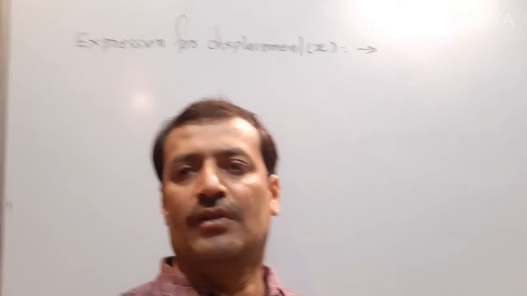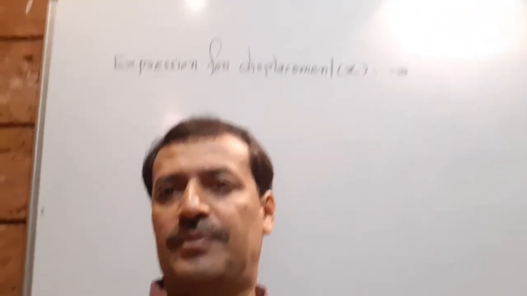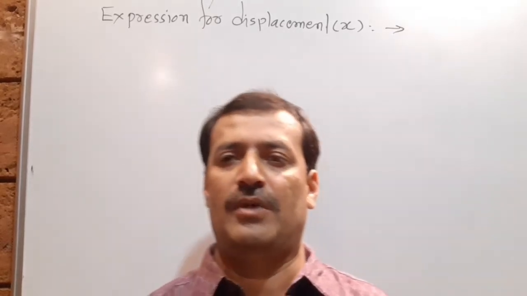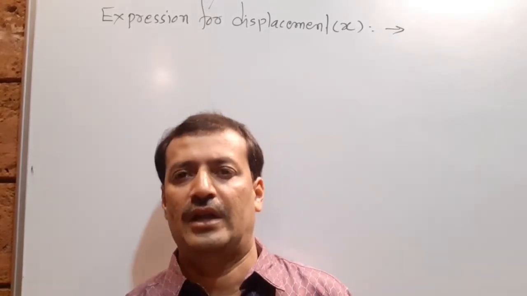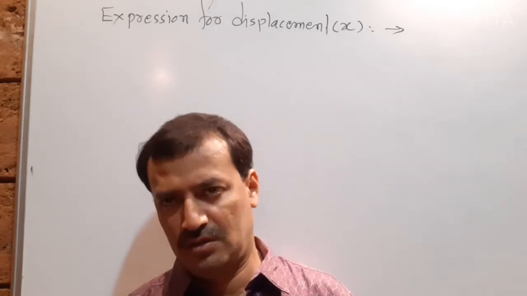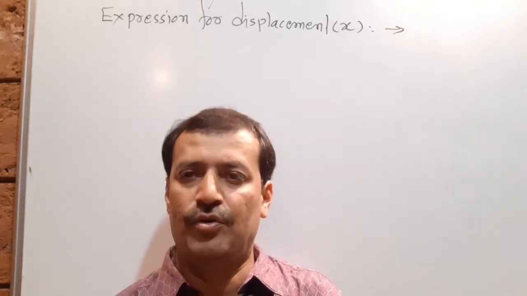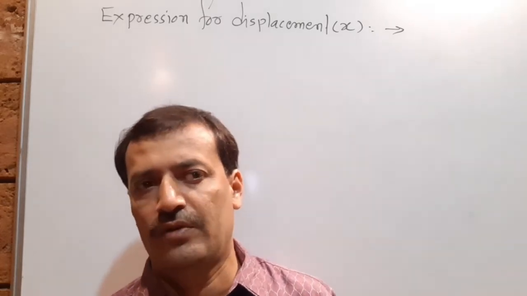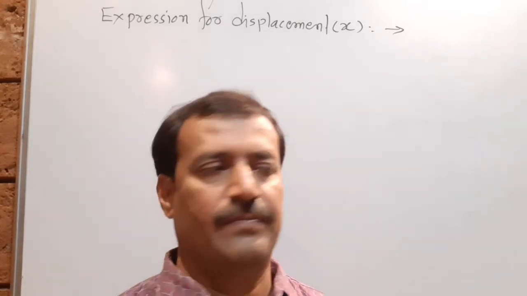Now, we know that this expression can be derived by using the expression of velocity. And here, the important step is we are going to use the magnitude of velocity.